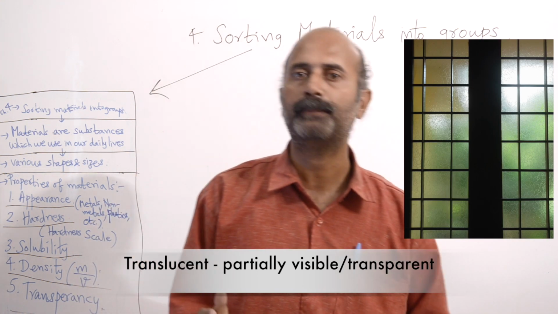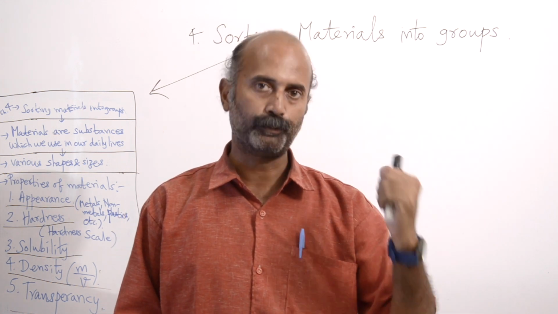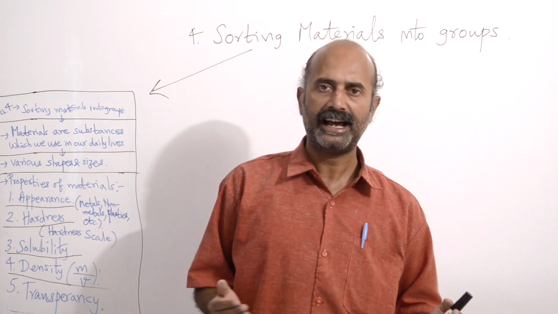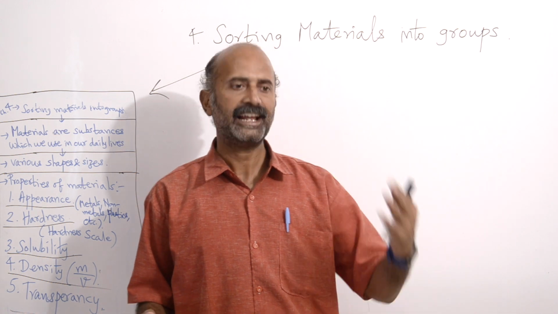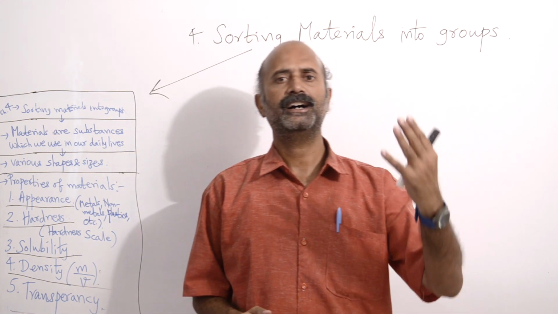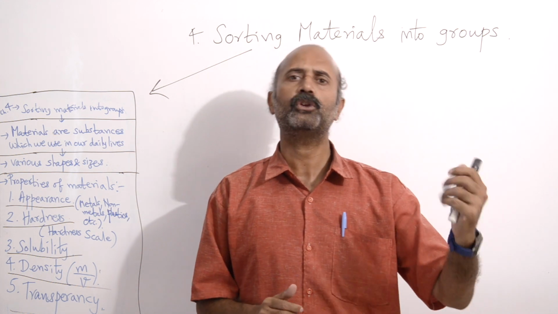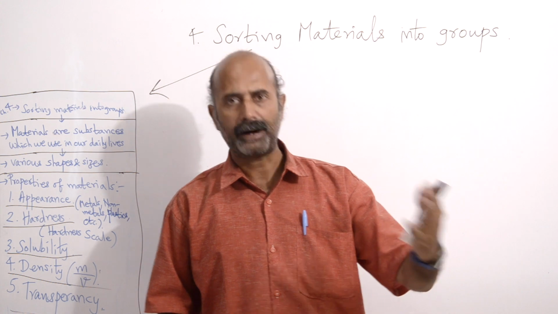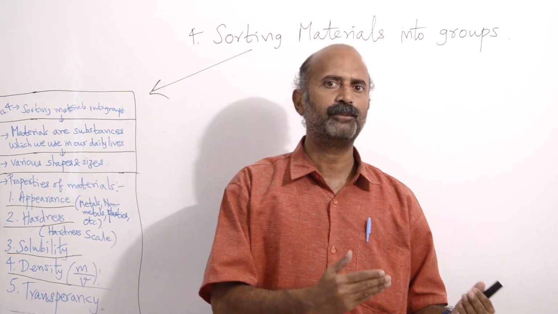So we have three kinds of materials based on the amount of light which they allow to pass through them. The materials which completely allow light to pass through them are known as transparent materials, for example glass. Materials which partially allow light to pass through them are known as translucent materials, for example butter paper, oily paper, or shaded or colored paper.